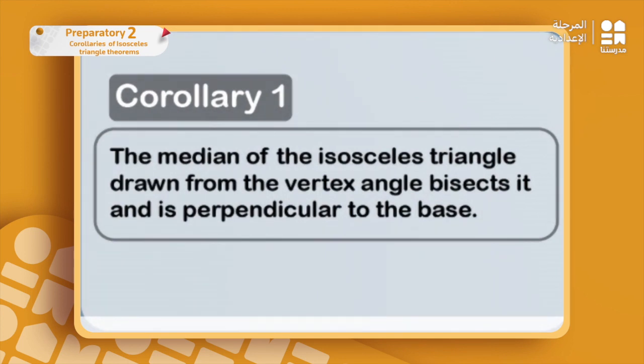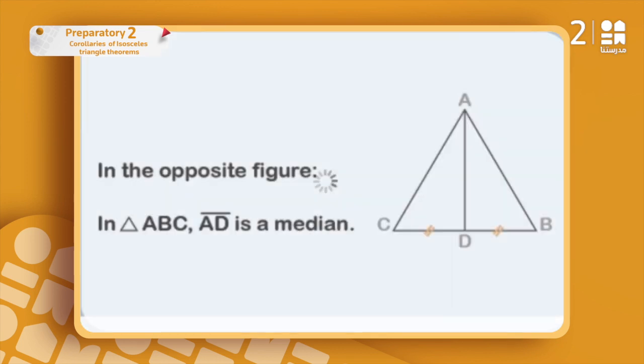Corollary number 1 states that the median of the isosceles triangle drawn from the vertex angle bisects it and is perpendicular to the base. Look at the opposite figure. In the isosceles triangle ABC, the line segment AD is a median.